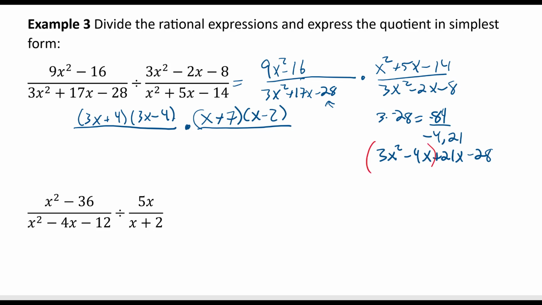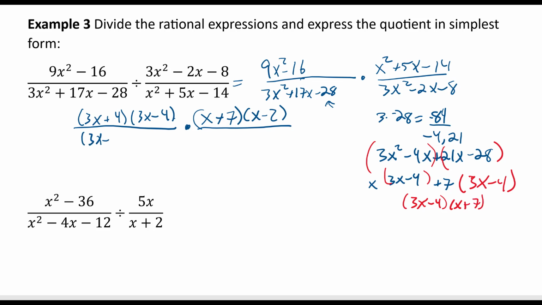So let's see here. Out of the first pair, I could pull an x, and I have 3x minus 4, like I predicted. And then out of the second pair, I can pull out a 7. And then we have 3x minus 4. And so we end up with 3x minus 4 times x plus 7.